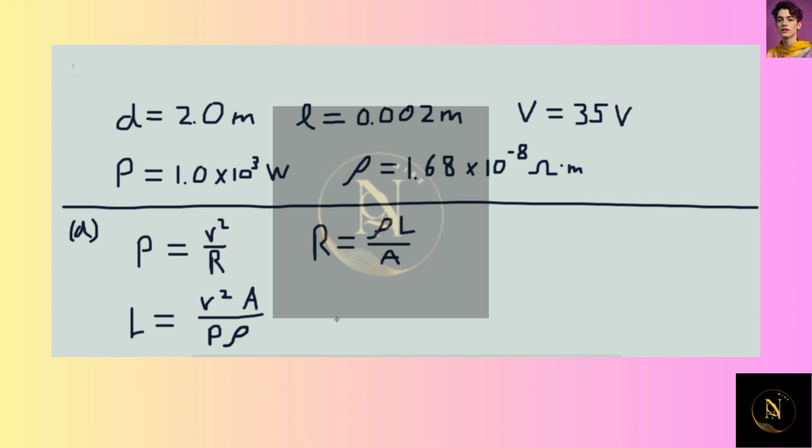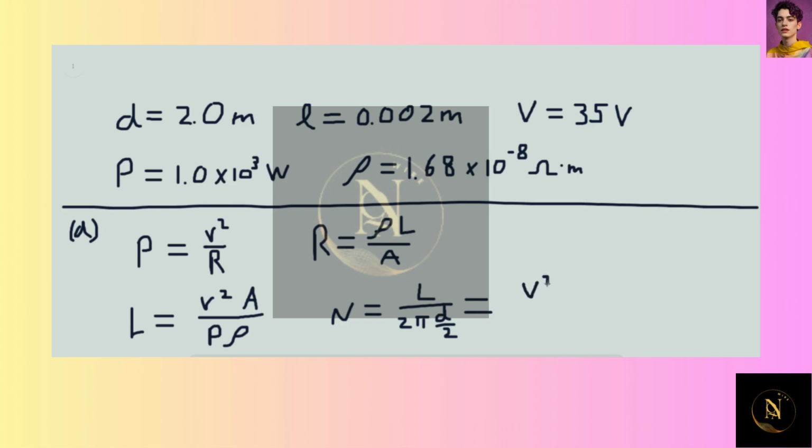Well, N, the number of turns here, is equal to L, the total length, divided by 2 times pi times the radius, but the radius is d over 2, right? Since we were given the diameter. So we just have the expression for L on the left side, so we can replace that and simplify a little bit.